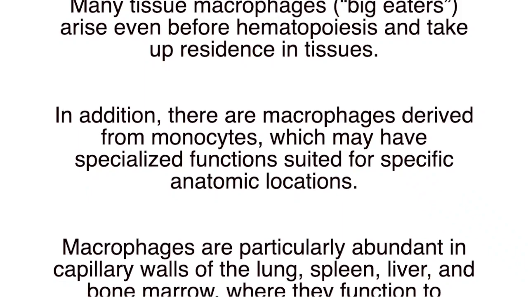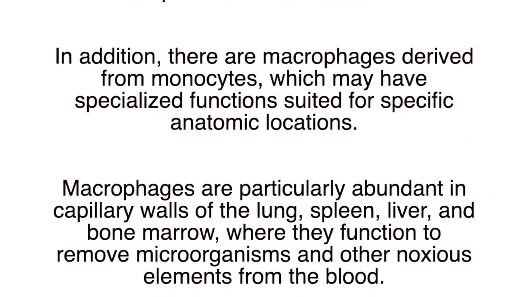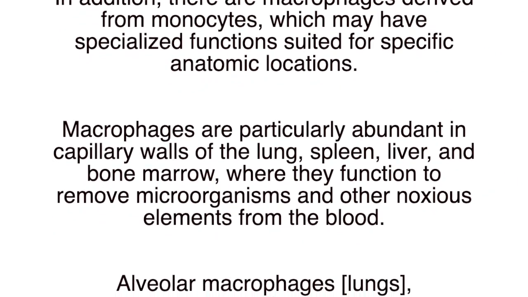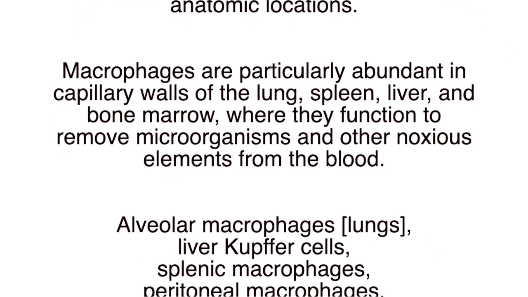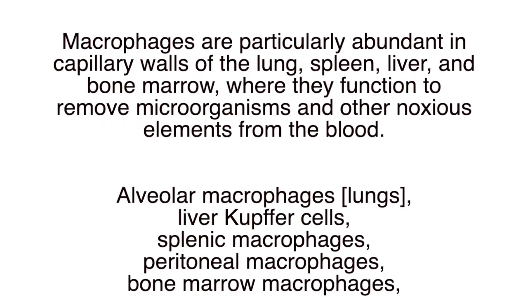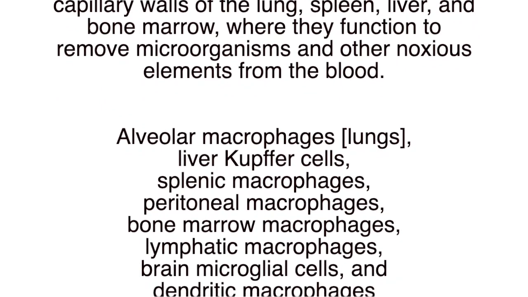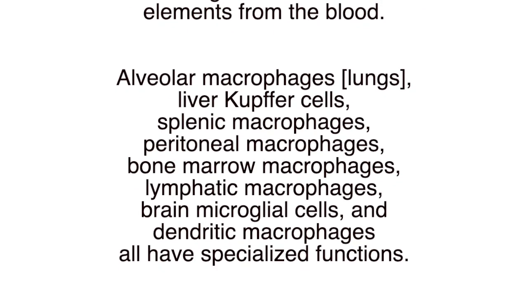In addition, there are macrophages derived from monocytes, which may have specialized functions suited for specific anatomic locations. Macrophages are particularly abundant in capillary walls of the lung, spleen, liver, and bone marrow, where they function to remove microorganisms and other noxious elements from the blood.